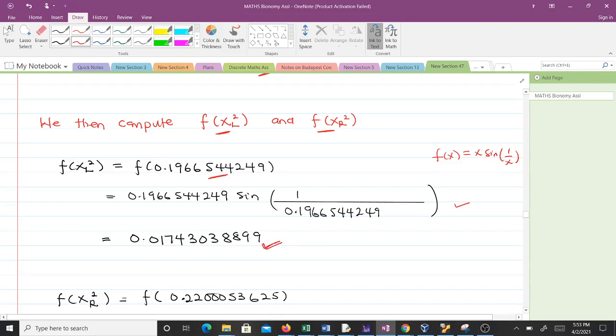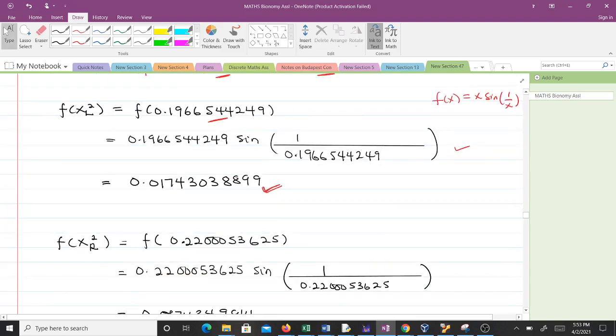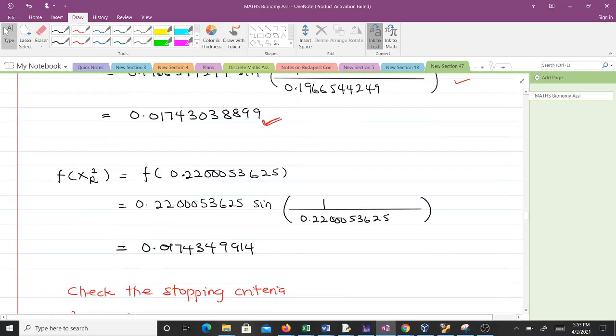We do the same thing for xr at the second iteration, and that also gives us 0.0174349914.